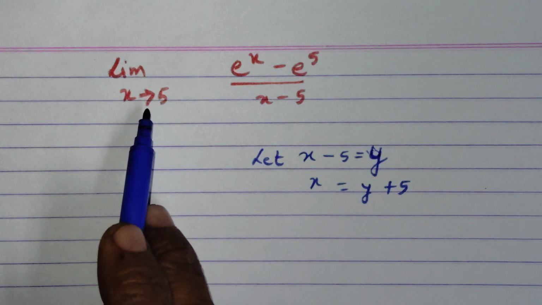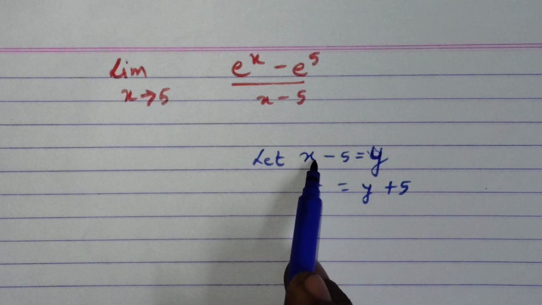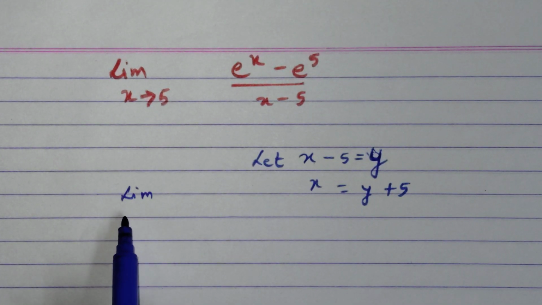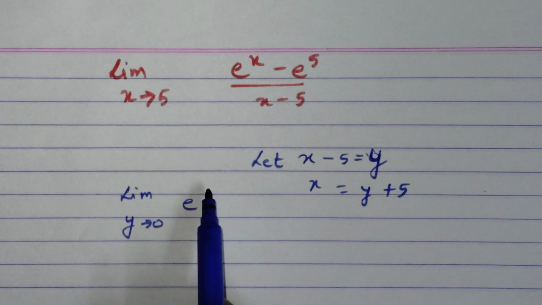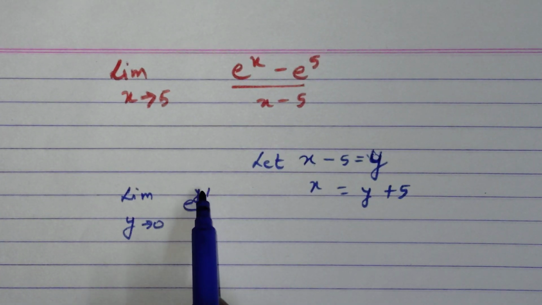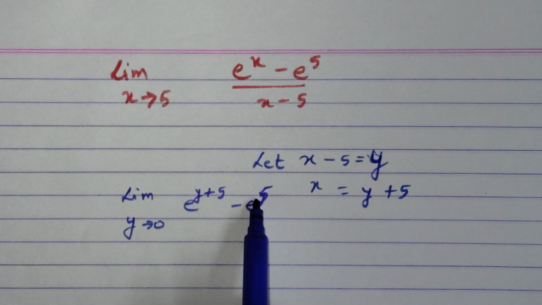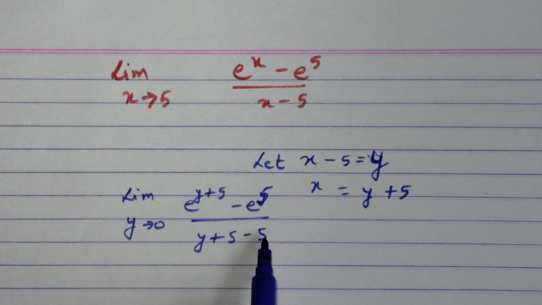So x tends to 5, it means 5 minus 5, y becomes 0. So we can change the limit to y tends to 0, and in place of x we replace y plus 5, minus e raised to power 5 as it is written, over x we replace with y plus 5 minus 5.